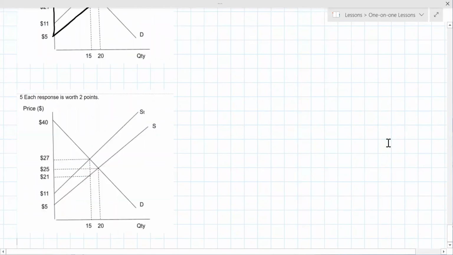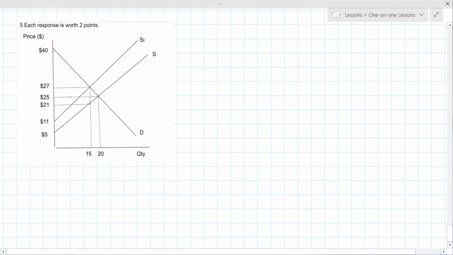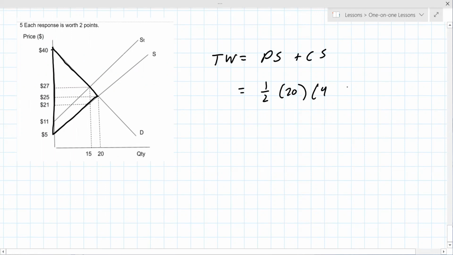There are 2 ways to calculate it. It's either producer surplus plus consumer surplus, or you can go 1/2 base and your height is 40 minus 5.